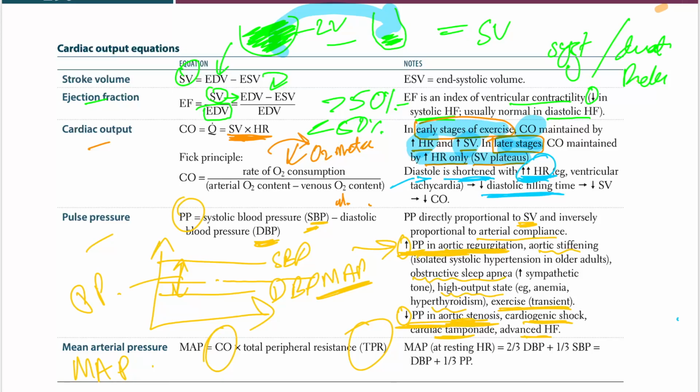So a couple of names here. TPR is the same thing as total peripheral resistance, which is going to be equal to your vascular peripheral resistance, or anything which talks about afterload.